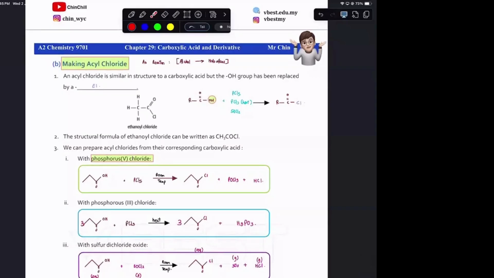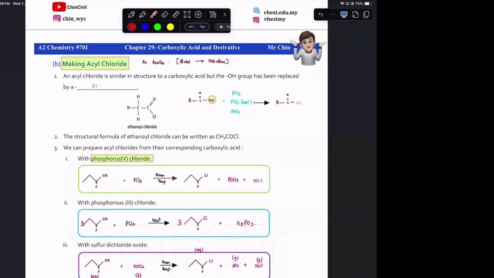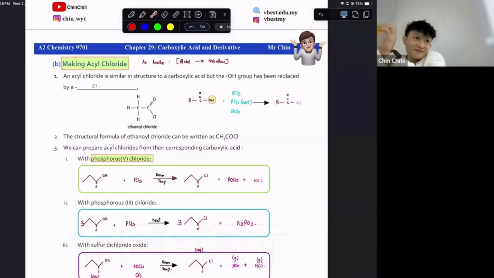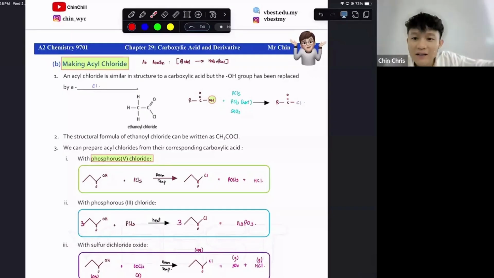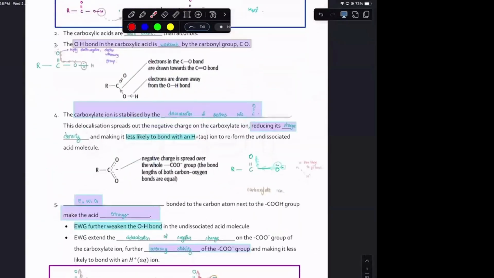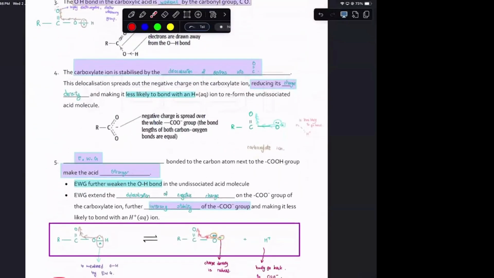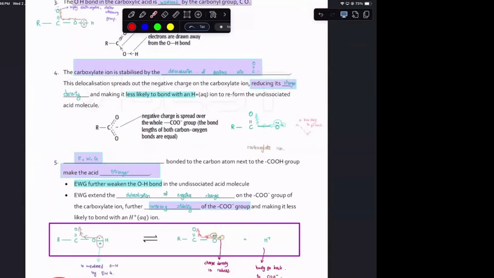You said that methanoic acid is the strongest. Could you go to page 1? I have a question. At the bottom of page 1, the last box.